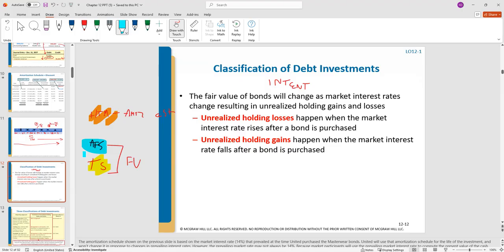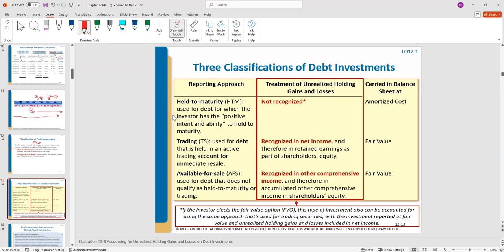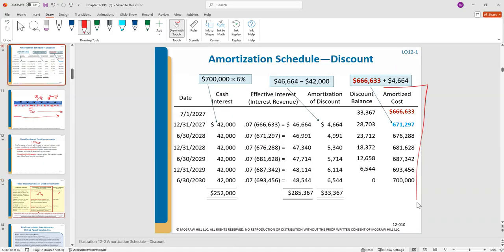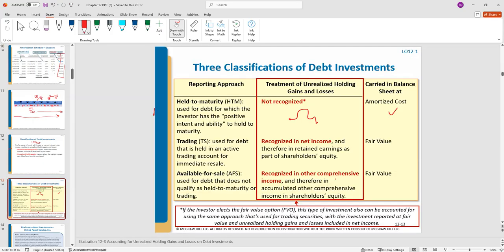So depending on how we classify the bonds, that will determine the treatment. So for held to maturity, unrealized gains or losses: the bond goes up in value, it goes down. As a general rule, we're not going to recognize them, and we're going to put it on the balance sheet at amortized cost. That's just this guy over here from running the schedule.